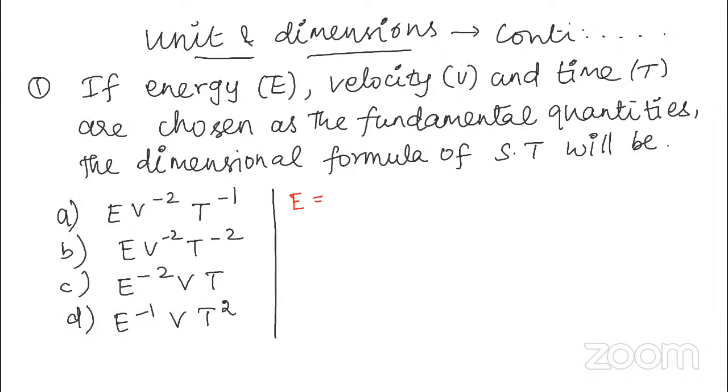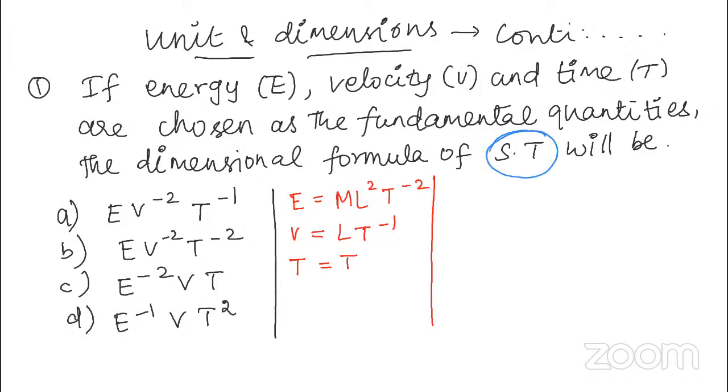Here E, that is M L square T power minus 2, is the dimensional formula for energy, V is L T power minus 1, and for time T, it is T. They are asking for surface tension, whose dimensional formula is M T power minus 2. This is the result we want.